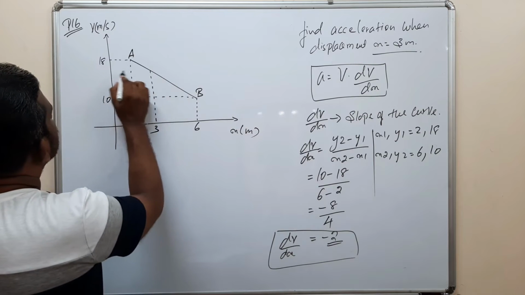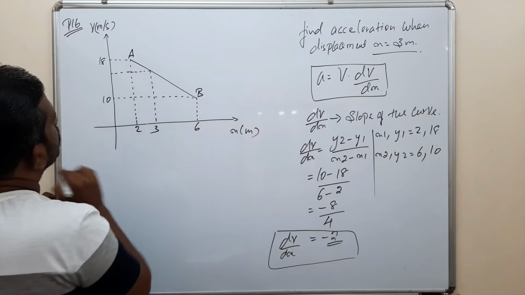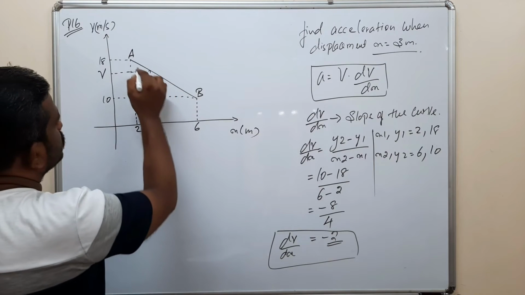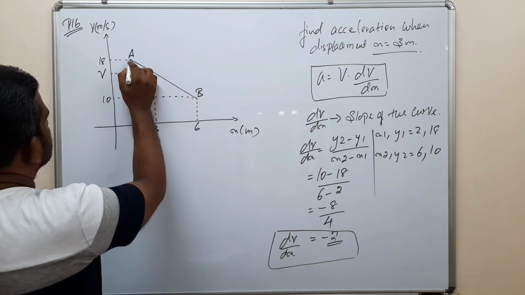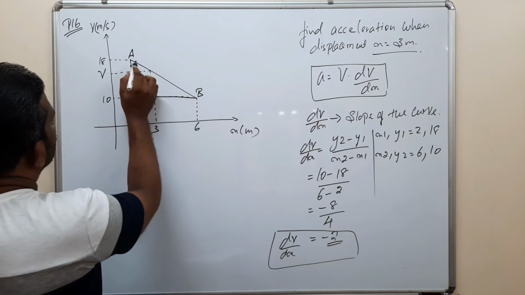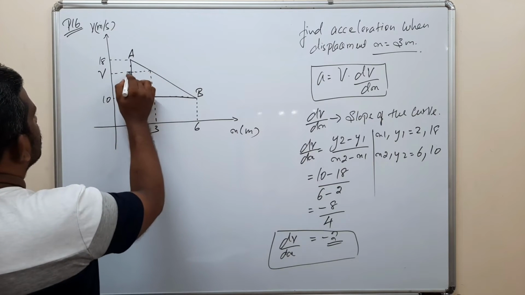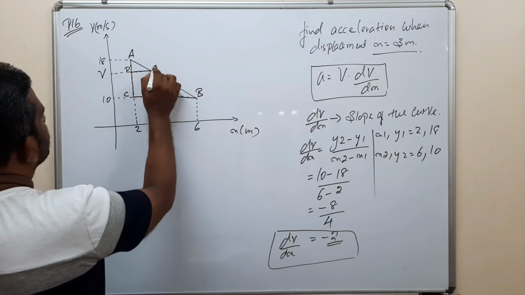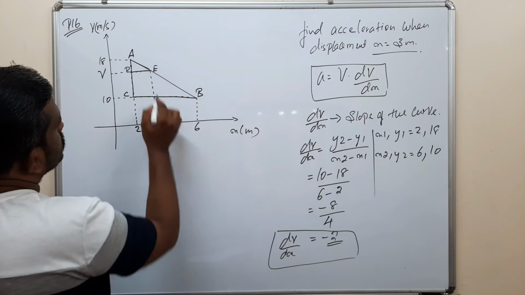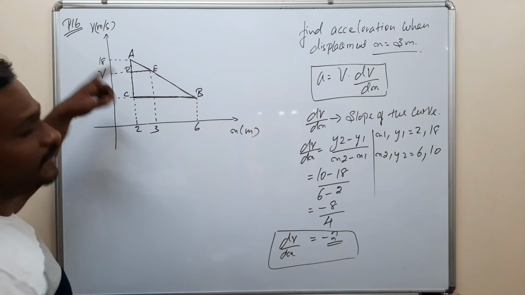So 3. From these two triangles, ABC and ADE, we can see that triangle ABC and triangle ADE are similar triangles.